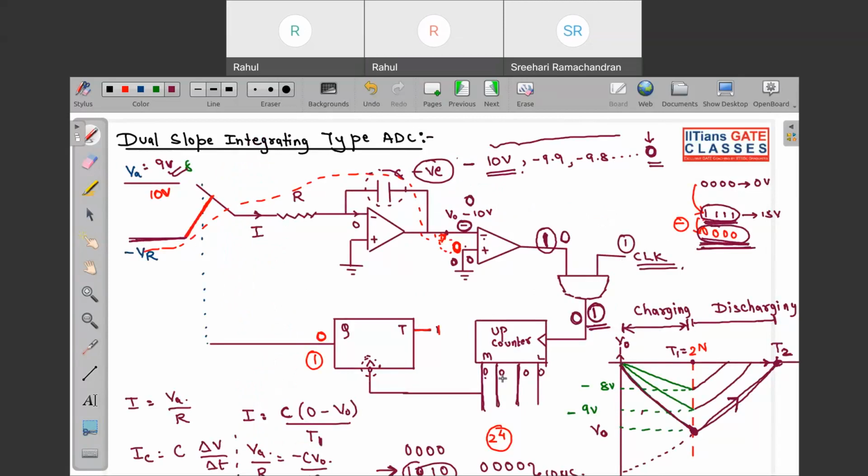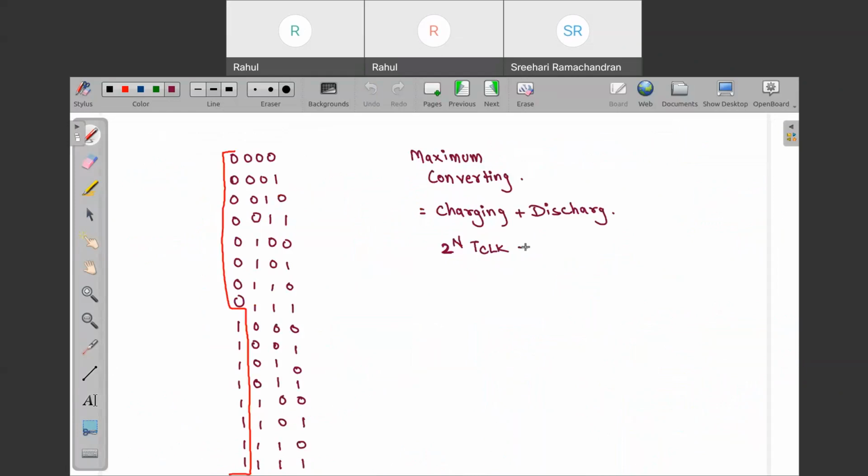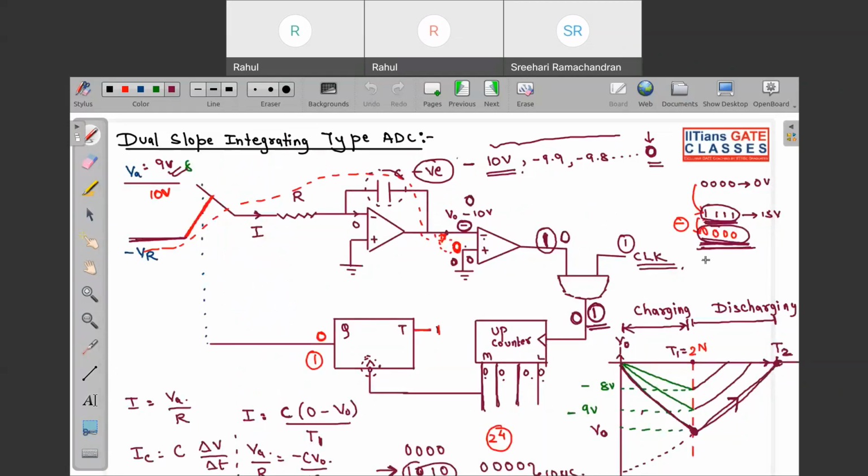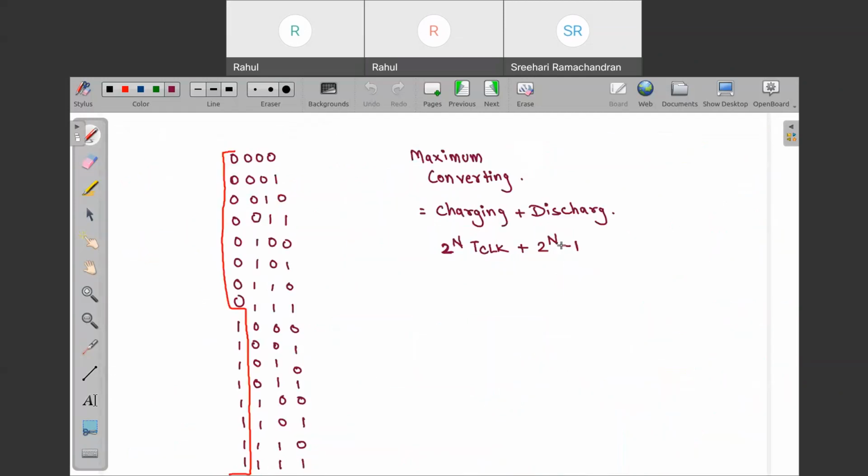So only this state is not counted in your up counter. Other than this, all the other states will be counted. So this will be 2 to the power n minus 1. Why minus 1? Because when you go from 1111 to 000, you are not counting that state. So that will be 2 to the power n minus 1 TCLK.